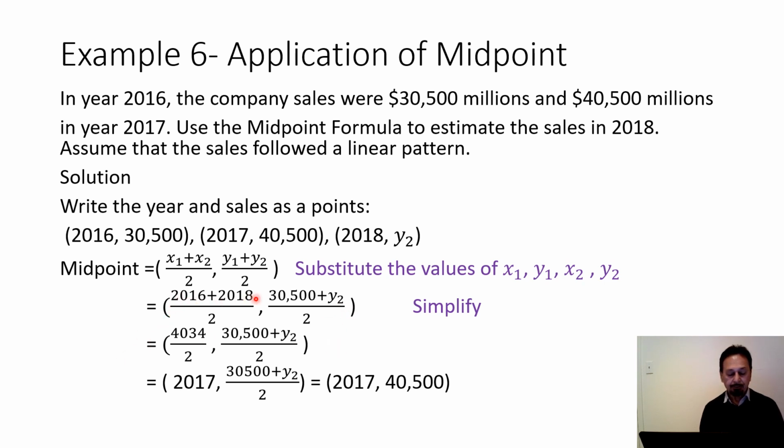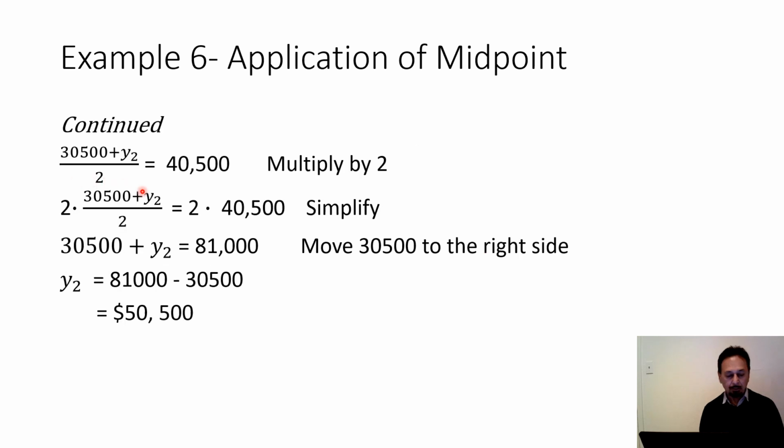So we're going to simplify. We add these two, 4034 divided by 2, and 30,500 plus y2 over 2. So there's 2017. Now we equate to this here. So 2017 is a match, so we're going to match to this one. Okay, so (30,500 plus y2) over 2 is 40,500. So let's solve for y2.